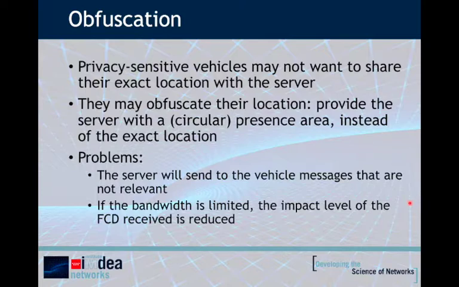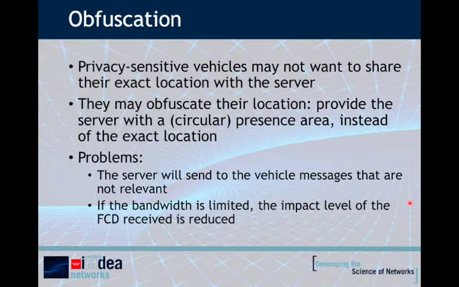What the vehicle does is, instead of providing the server with the exact location, they provide a circular presence area. So the server knows that the vehicle is inside that area, but it doesn't know exactly where.